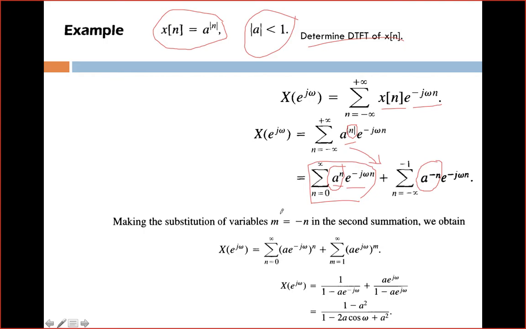For that, I am going to substitute m equal to minus n in the second summation.